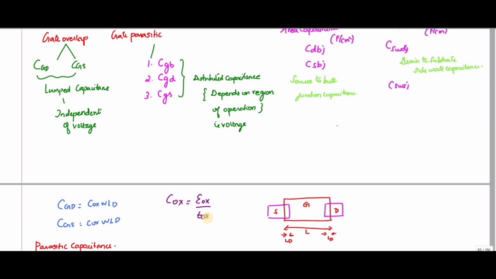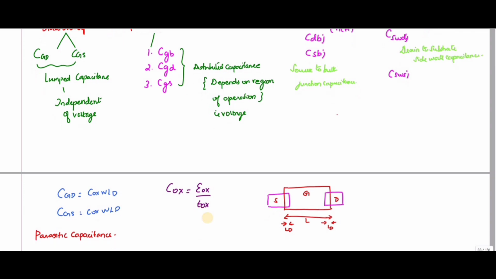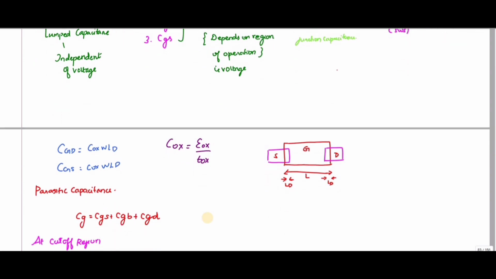According to the MOS structural capacitance, the total value of capacitance, that is CG, I can write as CGS plus CGB plus CGD. Okay, so this is my NMOS.